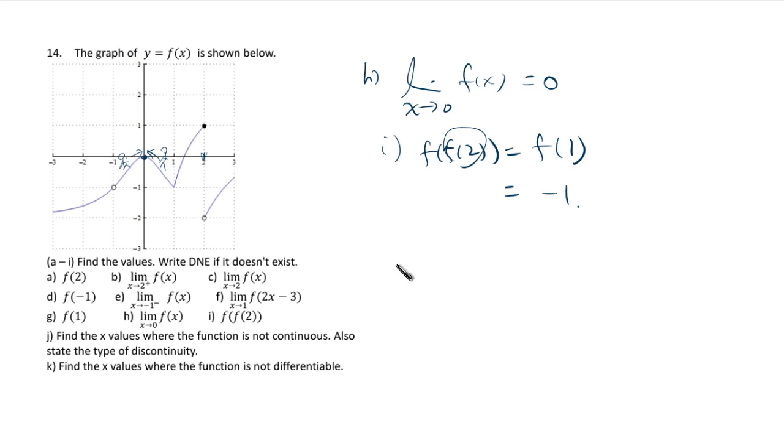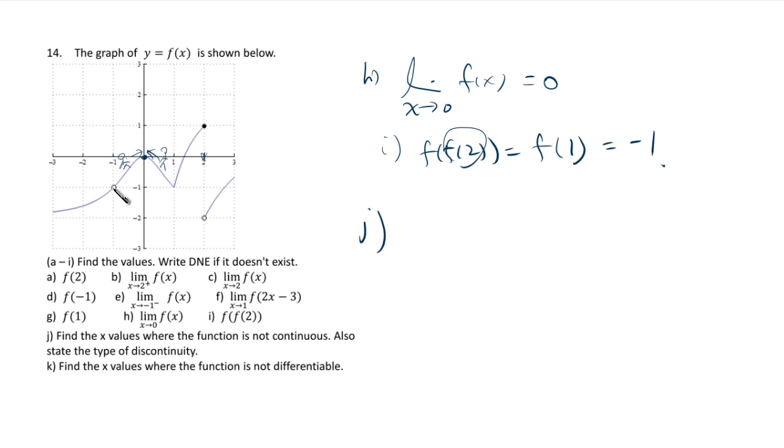Okay? And then j, find x values where the function is not continuous. Well, whenever you have an undefined point, or whenever you have a jump, or whenever you have a vertical asymptote, those are the points where the function is not continuous, right? So we see right away that in j, you have r pod here.